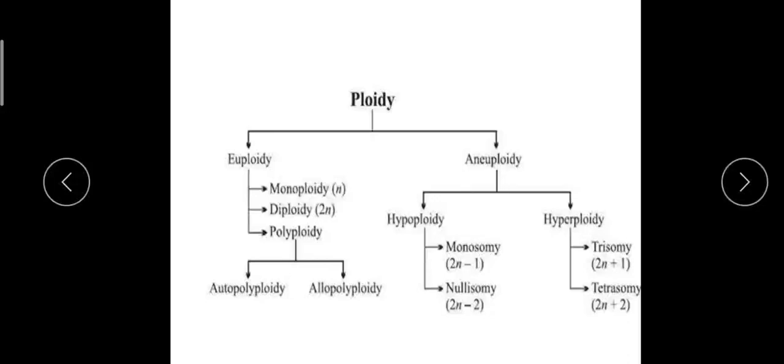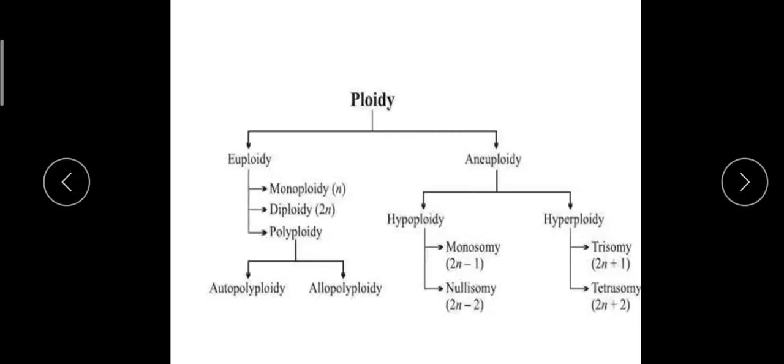So in the case of euploidy, the chromosome set will be found as multiples of this monoploid number. Euploidy may be of several types. It includes monoploidy, haploidy, and polyploidy. Three of these have been explained in detail in our previous video, so I don't think we have to repeat that in this video.